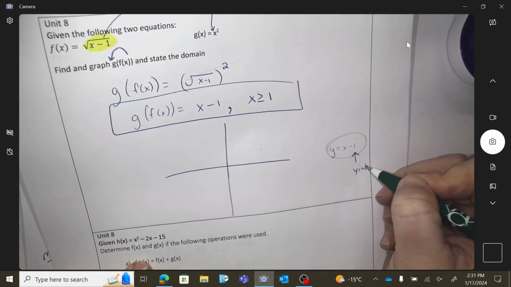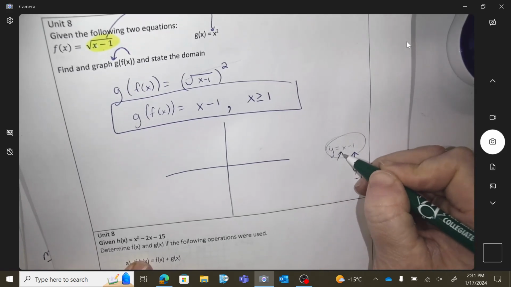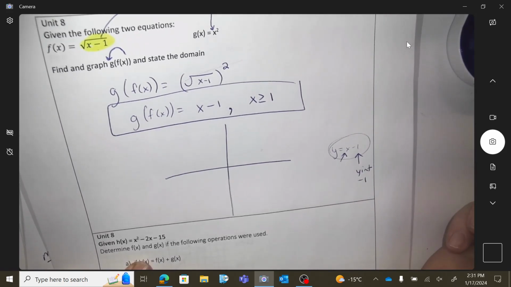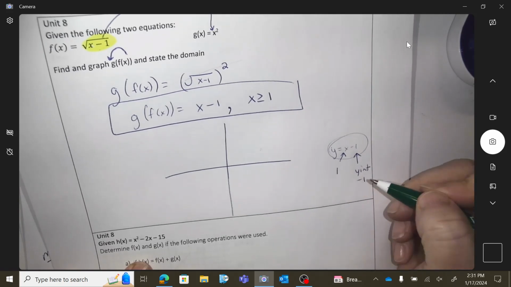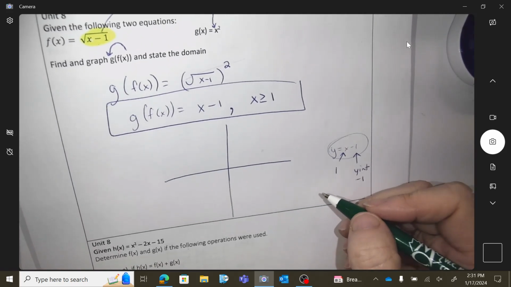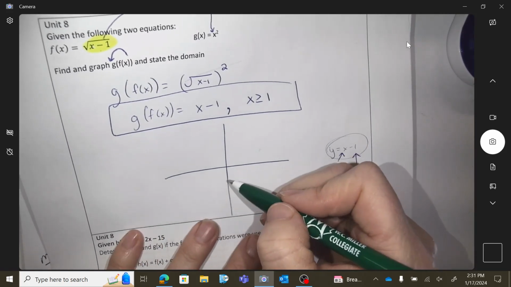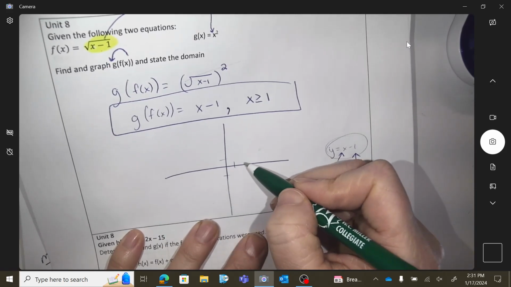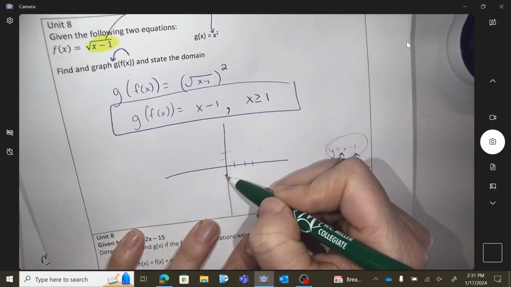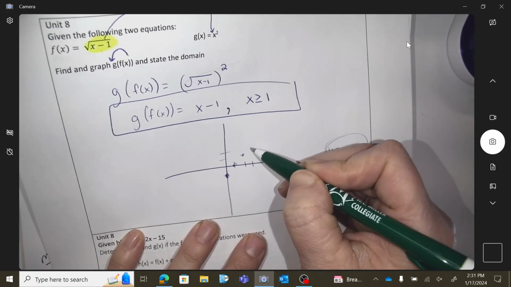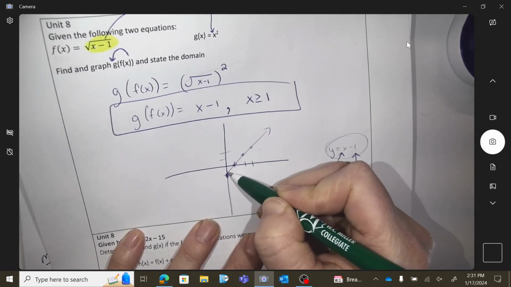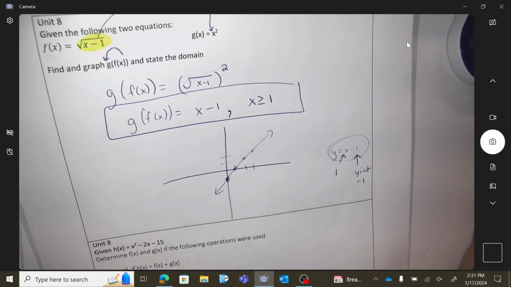Y-intercept is -1. And what do you know about the slope? 1. So you're up 1 over 1, up 1 over 1. So I'm going to draw a rough graph. -1, up 1 over 1. This is what it would look like.